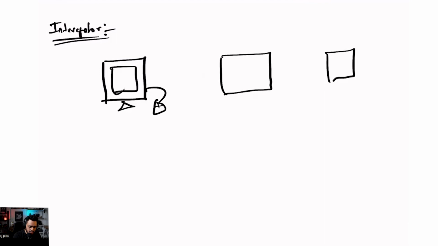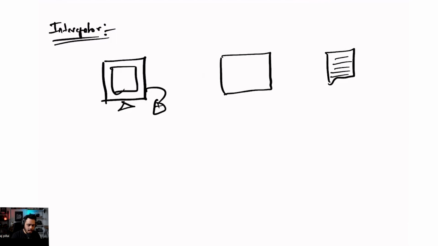That was compiler mama, and now we have interpreter chacha. Compiler mama and interpreter chacha. Same thing here: we have a computer, a mouse, and here we will write our code.